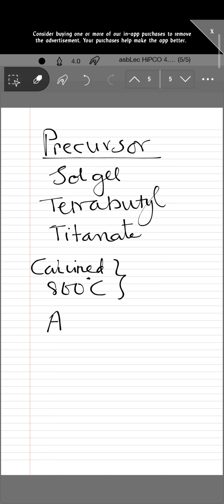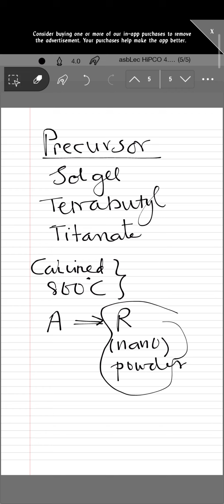Now, with the help of this calcination, anatase shows as the initial phase of the titania. It gets converted into rutile, but in the nano form. Its size is in the nano range. It's called the nano powder form. So, although a phase change might have taken place, the size of the titania also changes to nano form.